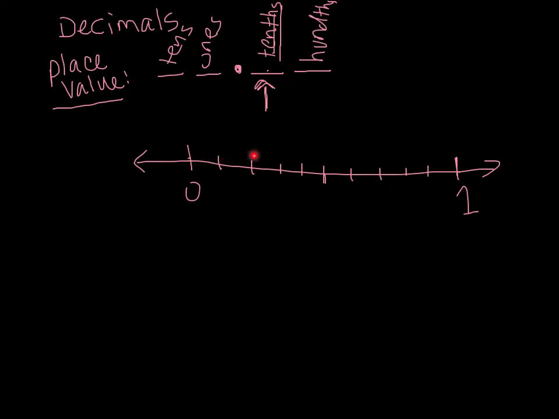Whatever number is sitting in the tenths place, let's say I had 4 tenths, that's 4 out of 10 broken pieces. I would cross over 1 of those 10 pieces, 2, 3, 4 of those 10 pieces, and that would put me right about there on the number line. That is 4 tenths as a decimal.